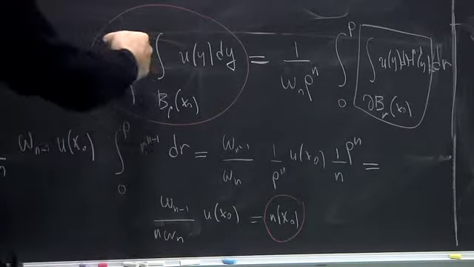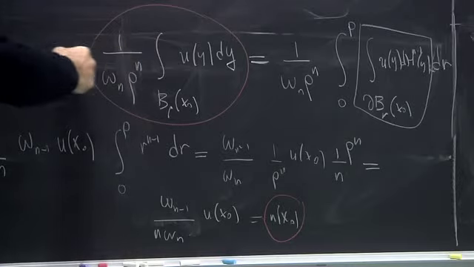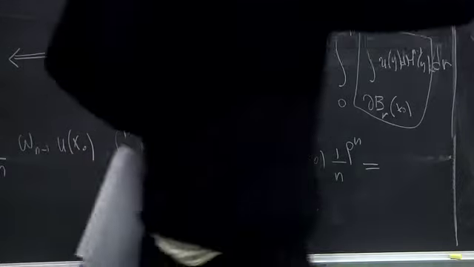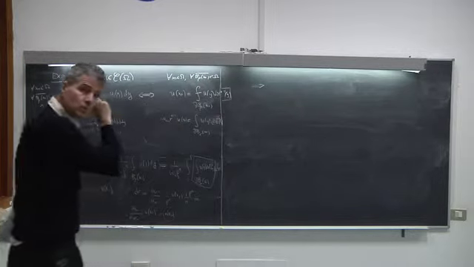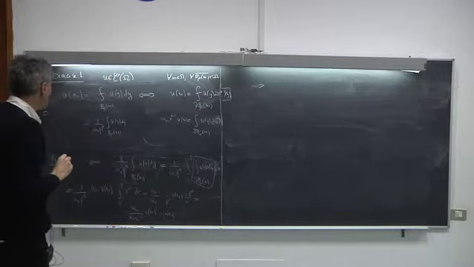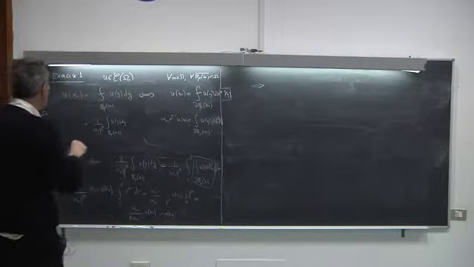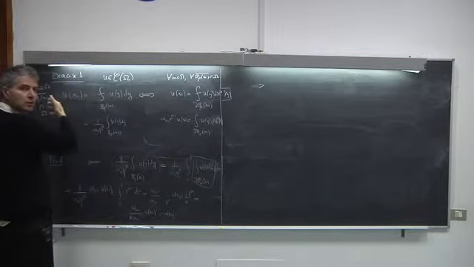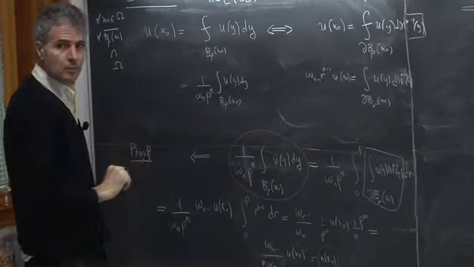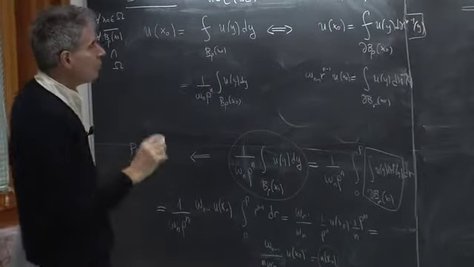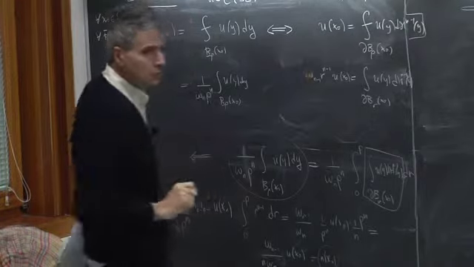So we have proven such implication. Now let us see the other implication. So assume that for any x naught, for any ball strictly contained in omega, this is true. And then I want to show that this is true.